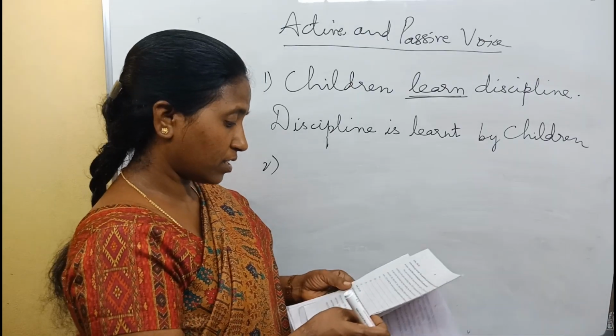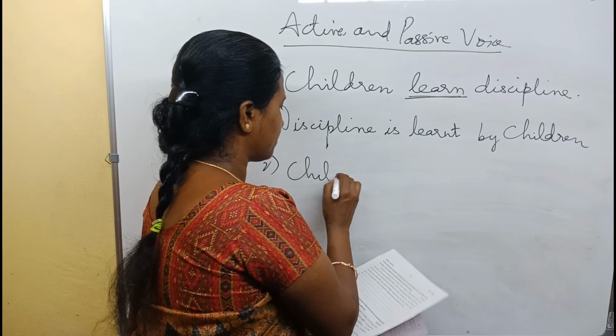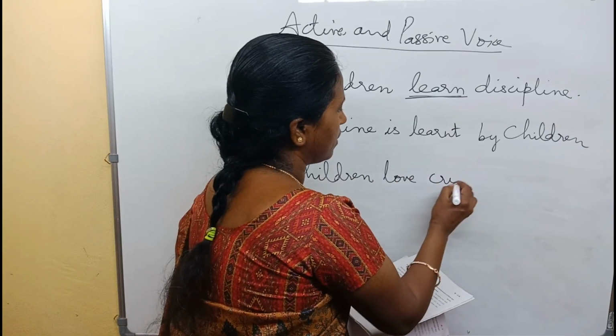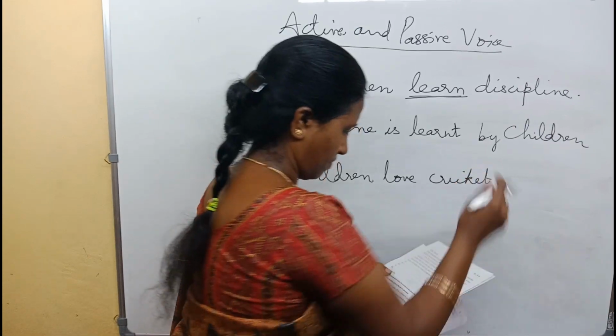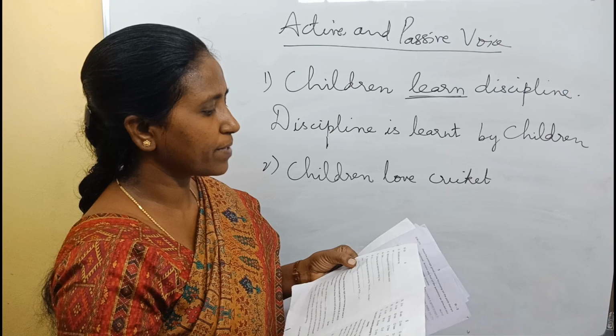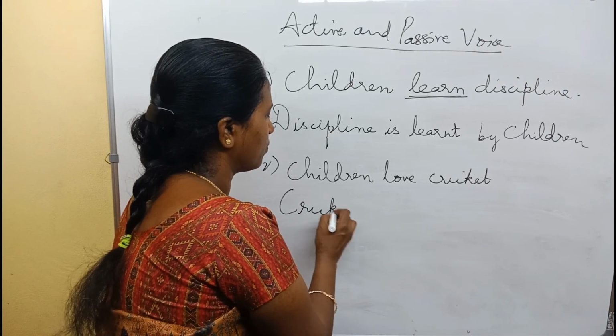So here the sentence is, children love cricket. This is number 24. And the instruction is, begin the sentence with cricket. So what would you do?